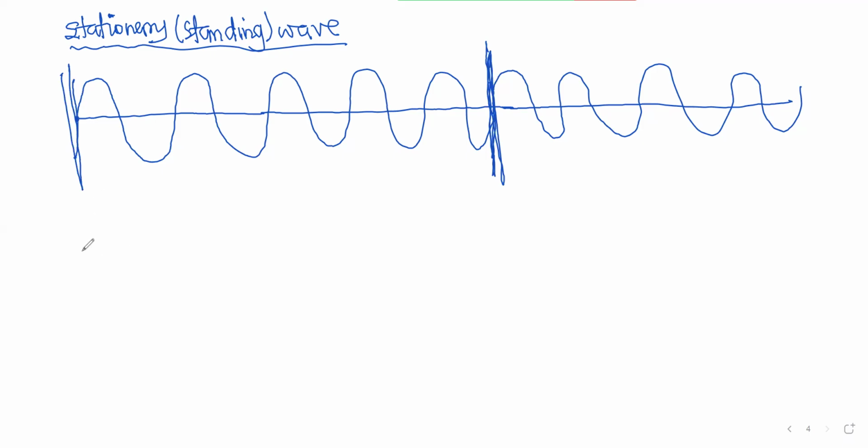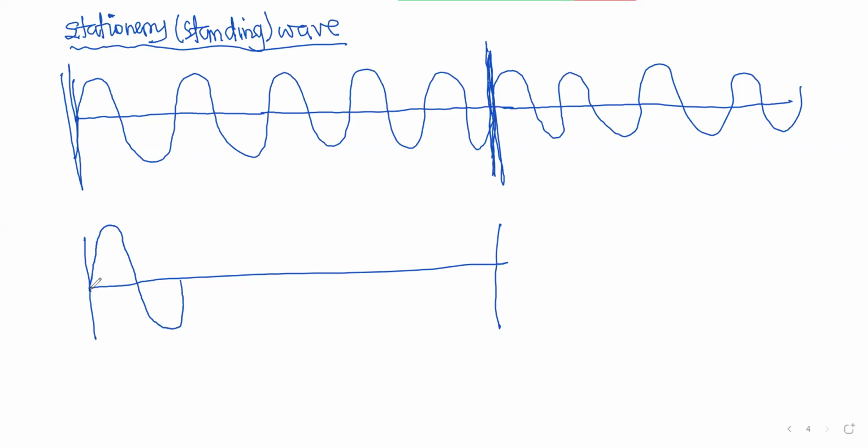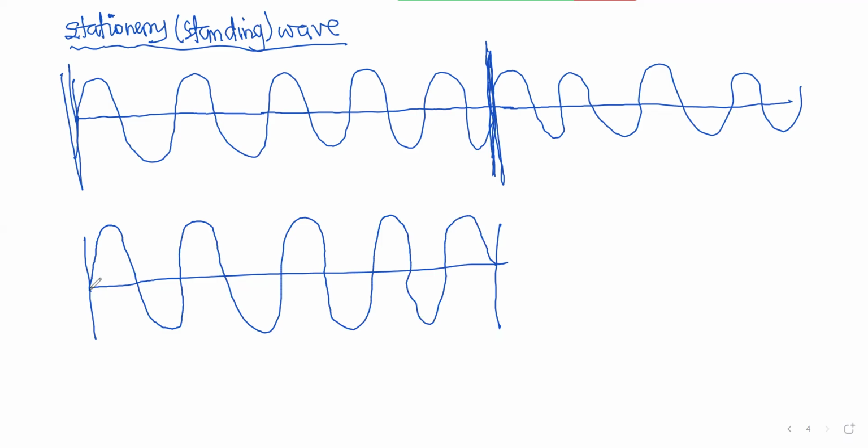What will happen is that the incident wave will start from this point, or when the wind splashes on the surface of the water, it will create the incident wave.